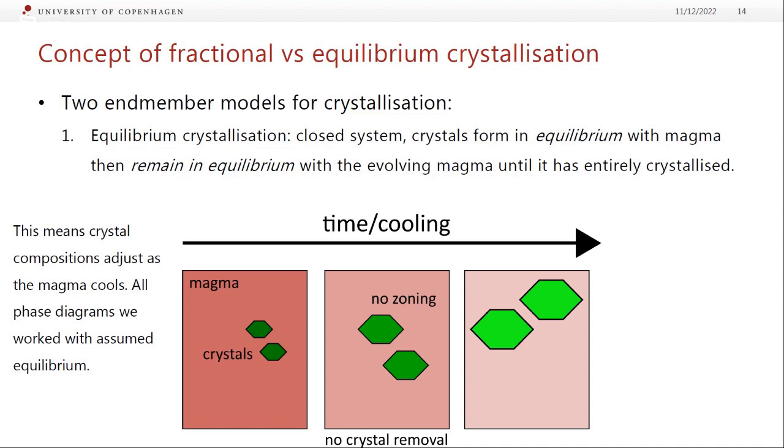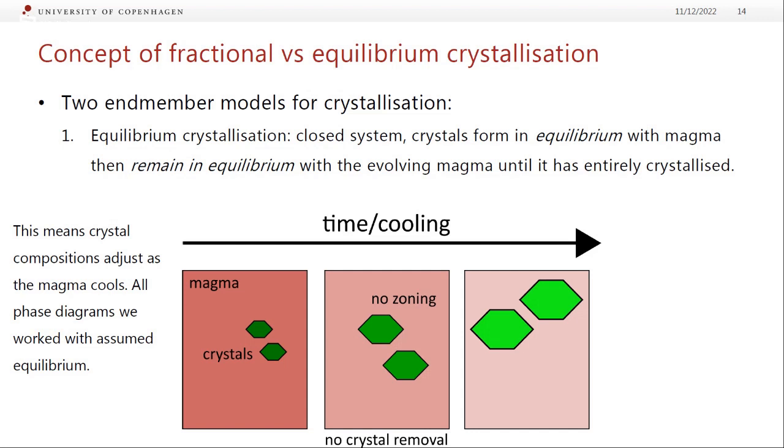So the first one is equilibrium crystallization. This is what we used for most of the phase diagrams. Because they're based on experiments that are conducted at equilibrium, people heat something up, they hold it at a certain temperature, they see what minerals are there, they see how much melt is there, all this kind of thing. So for equilibrium crystallization, the crystallization is happening in a completely closed system.